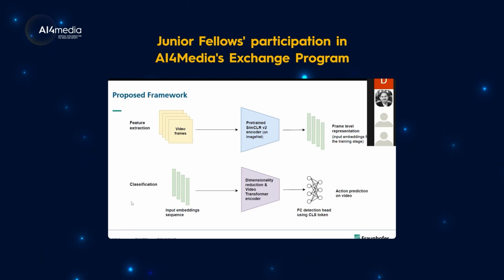And the second stage is a classification stage, which allows encoding all of these frames into one single representation, which then represents the video. And for that, a dimensionality reduction as well as a video transformer encoder is applied to the sequence of embeddings.